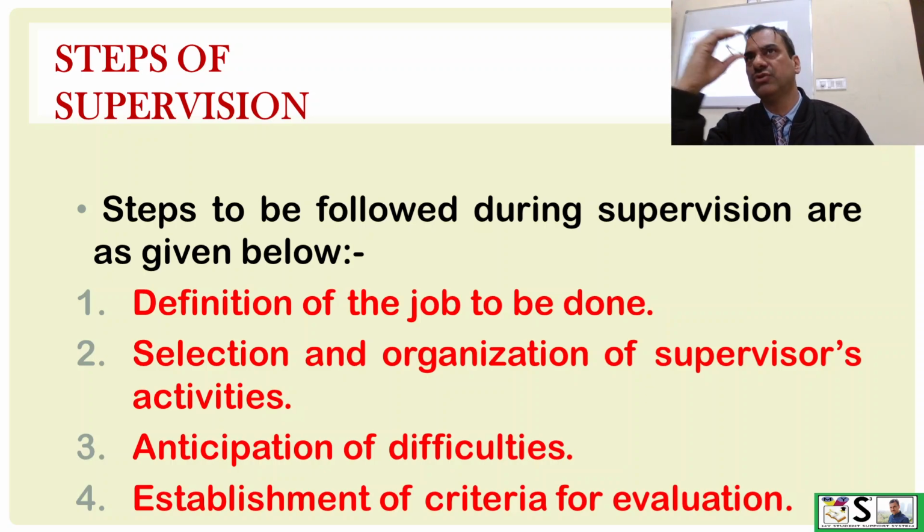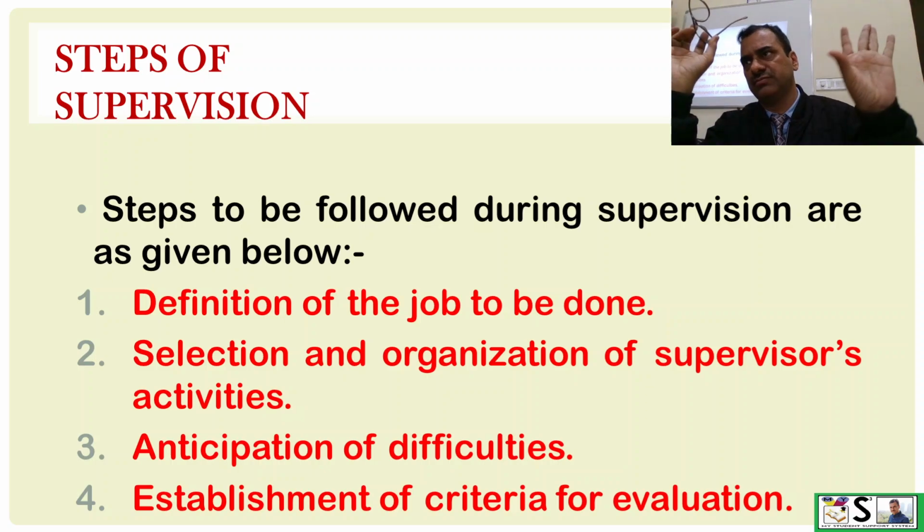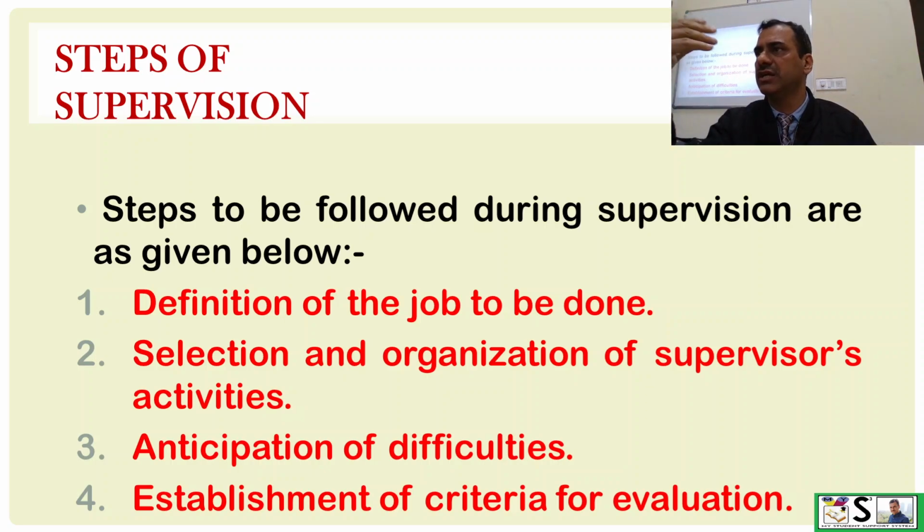For example, if you are going to supervise ANMs in the center, then you can ask about all the clinics run by the ANM that we will check. It means immunization clinic and MCH clinic, that we will supervise. Okay, so clearly define what you are going to supervise, what activity you are going to check or supervise.